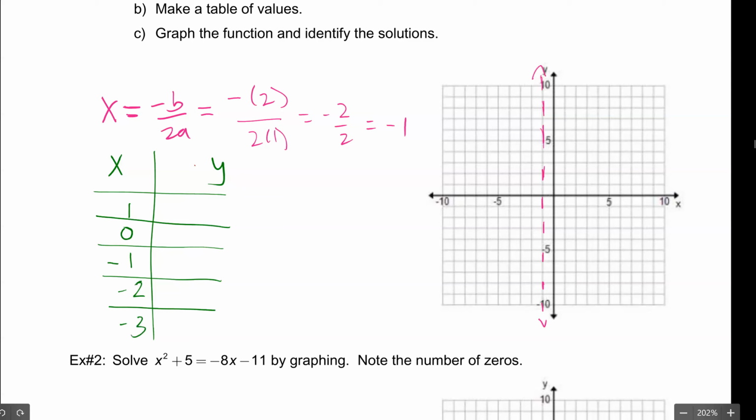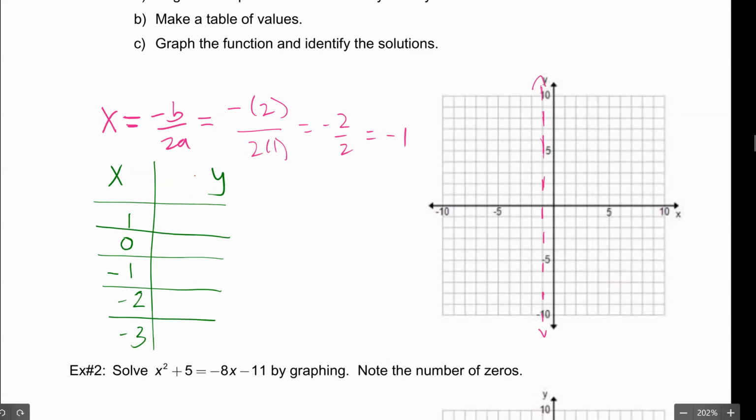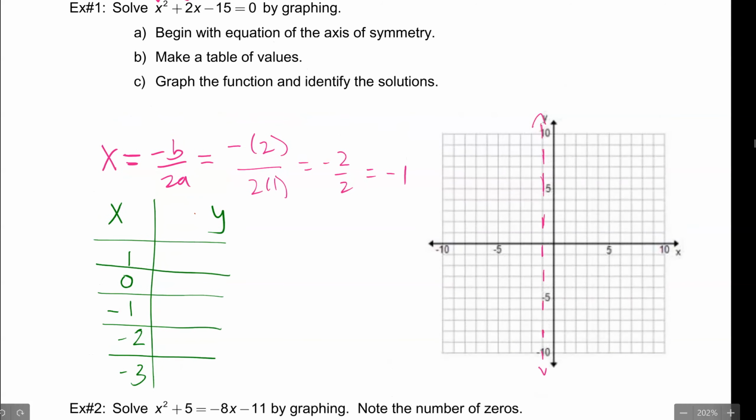So if I plug 1 into the equation x squared plus 2x minus 15, I have 1 squared plus 2 times 1 minus 15. 1 plus 2 minus 15, so that's -12.